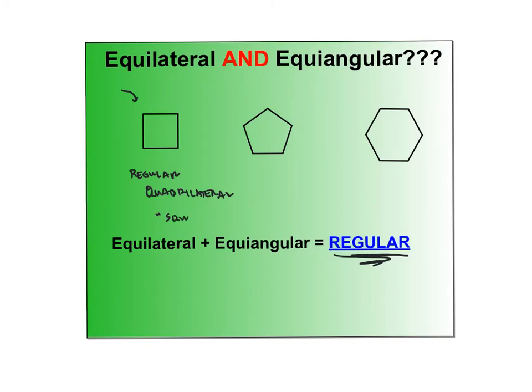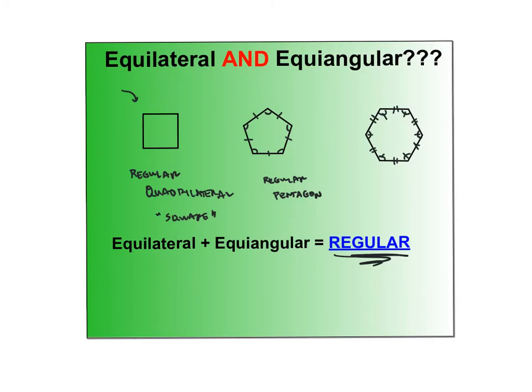We don't really have a special name for a regular pentagon, other than that it's just a regular pentagon. All angles are the same, all sides are the same. And then a regular hexagon has equal angles, equal sides. We would just call that a regular hexagon.